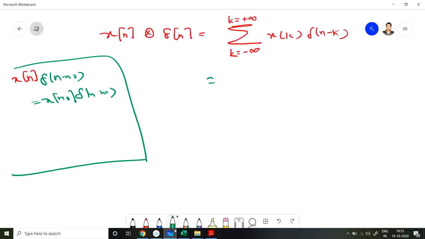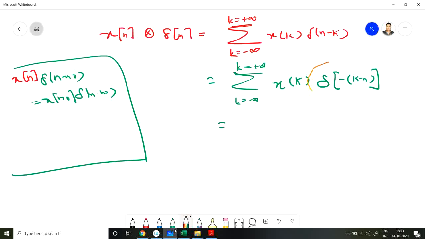Now the summation is for k equals minus infinity to plus infinity. Basically the delay is n here. So we can write it as summation k equals minus infinity to plus infinity x[k] delta[minus of k minus n]. Basically this is an even function, because the unit sample function is an even function.